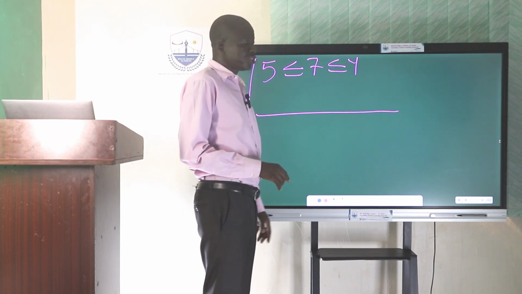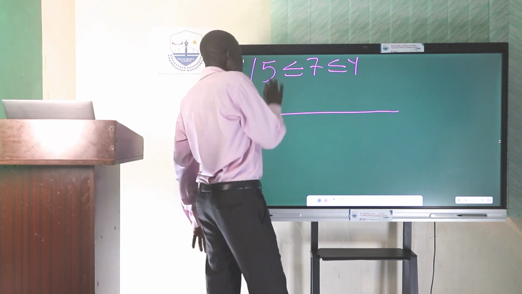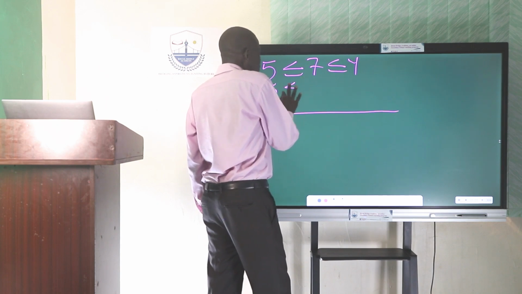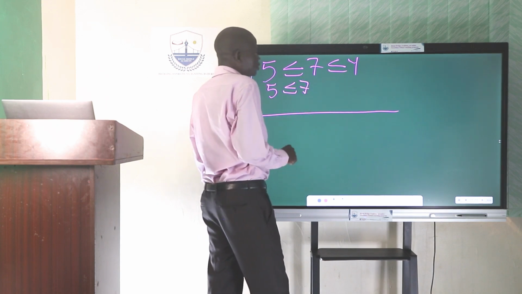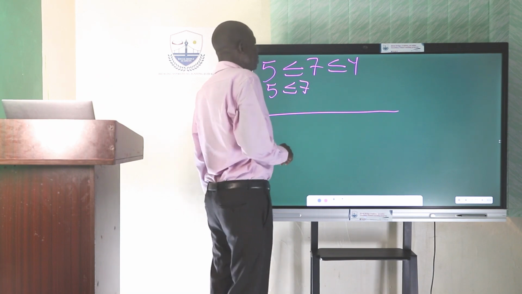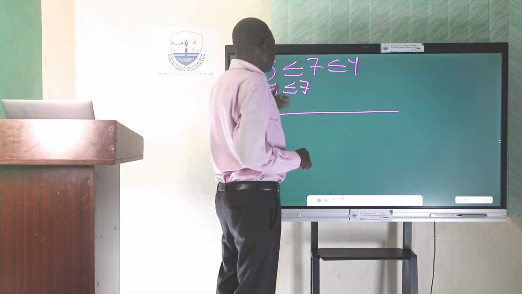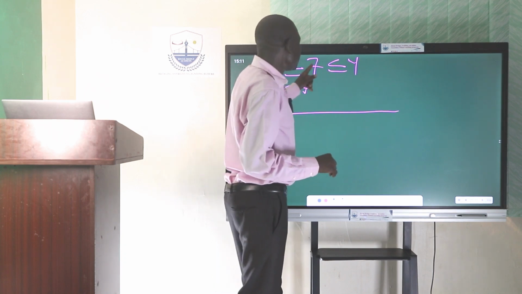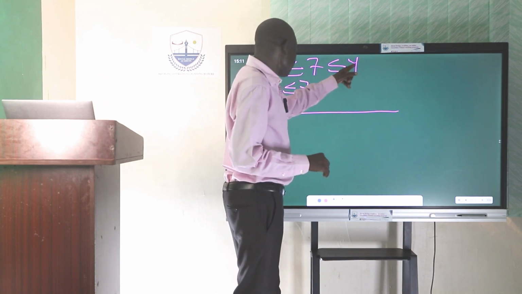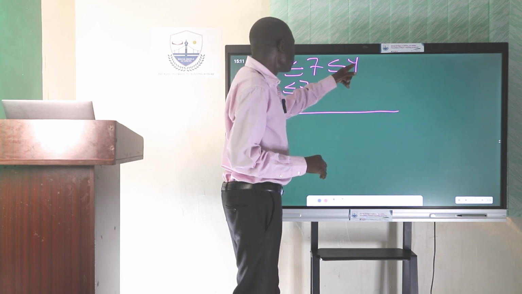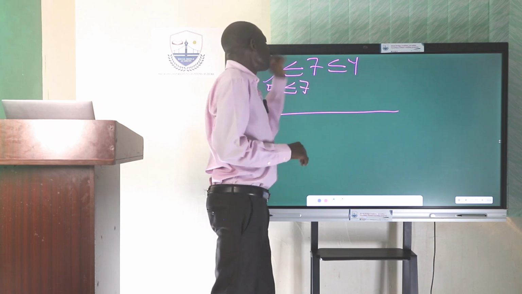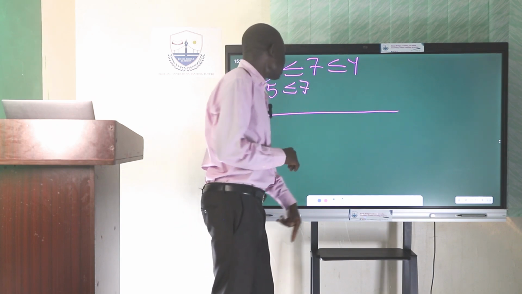We can rearrange it. Another way of writing this is: if 7 is less or equal to y, it means that y is greater or equal to 7.